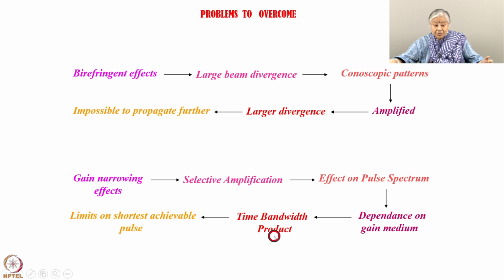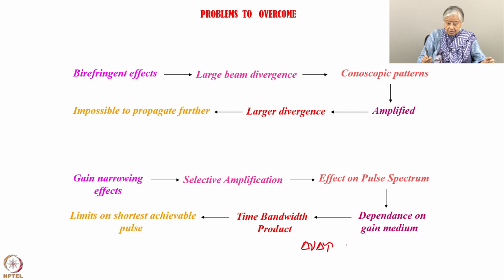And remember, the time bandwidth product limits the shortest achievable pulse. Time bandwidth product, if you remember, delta nu delta tau, okay, is almost equal to 1 or 0.4 or something, a small number. So what it shows is, if your delta nu, that is the full width half maximum of your spectrum, is large, then your time becomes short.